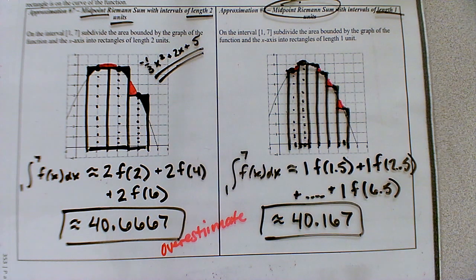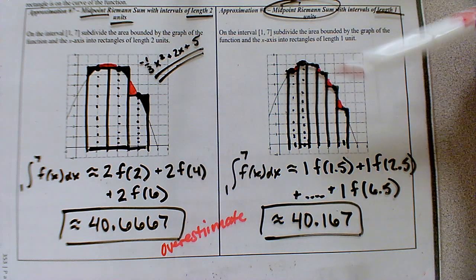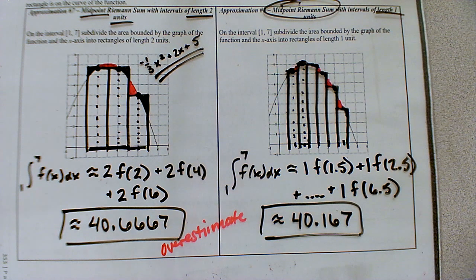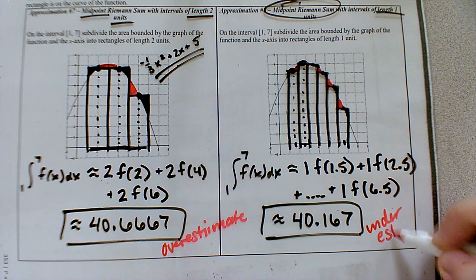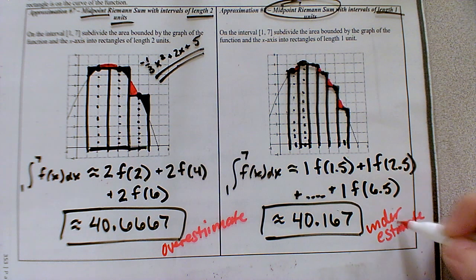Notice how the more rectangles we have, like we stated previously, the less obvious it is for the over and under little sections, so that just means we're getting more accurate. So, educated guess, maybe a little bit over? Under? Maybe under. Who knows? Because it seems like I have more red filled in than I do black. So maybe I'll say this one's an underestimate. Okay, just an educated guess.